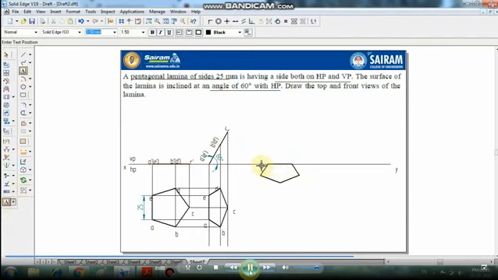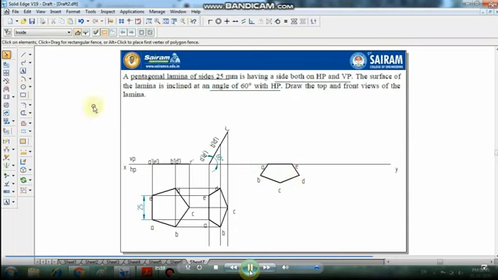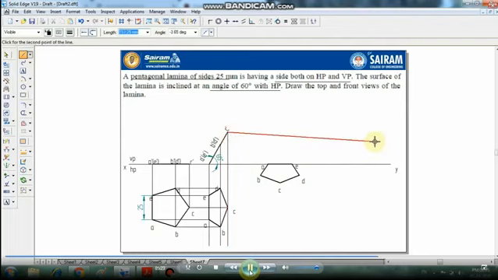Mention the points as A, B, C, D and E. Draw the projector lines from B dash, D dash. Now from the top view we can draw where A and A dash meet, and where E and E dash meet, is the line.